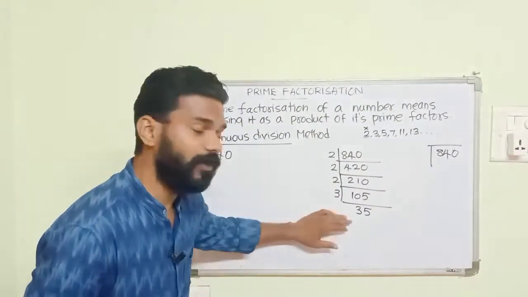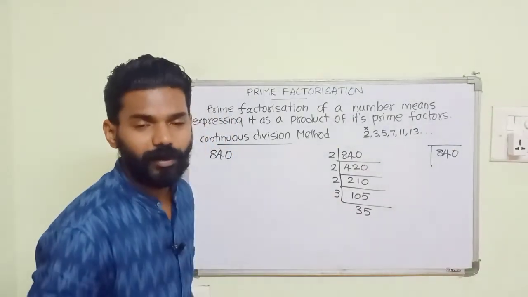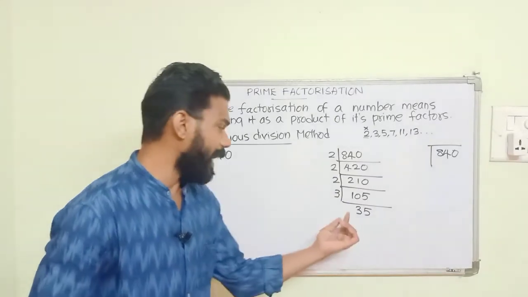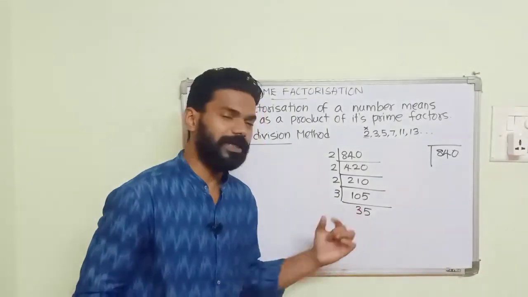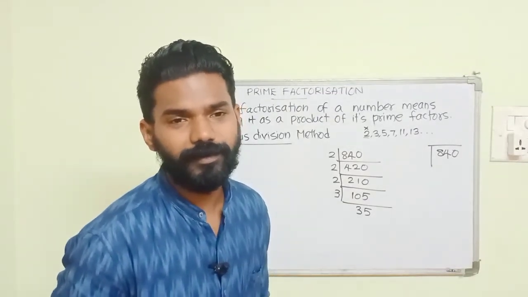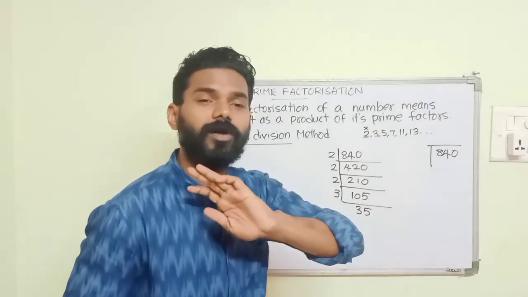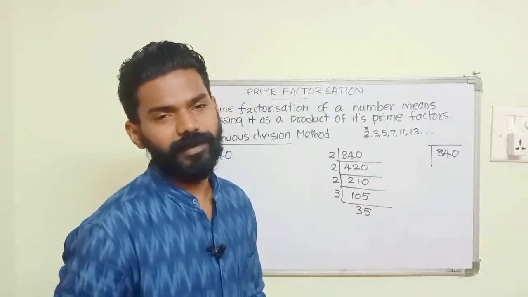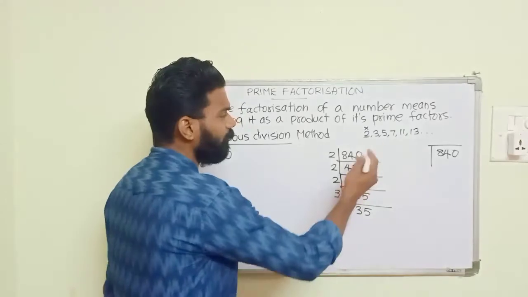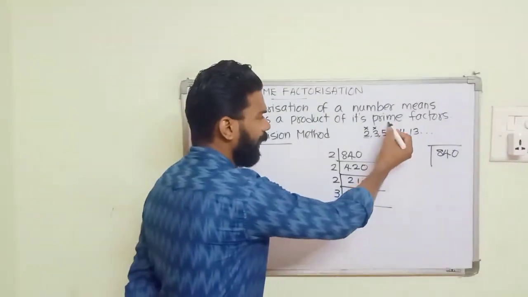Can you tell me whether we can divide this 35 by the number 3 or not? Just add the digits. 3 plus 5, it is 8. 8 is not divisible by 3. So definitely 35 also will not be divisible by 3. So we will go to the next prime number, and it is 5.